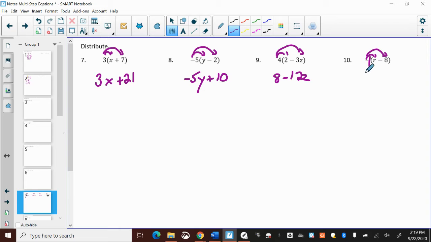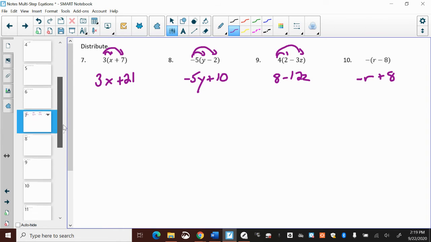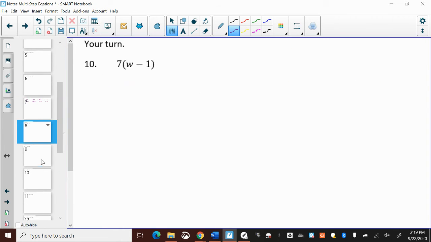Essentially all it does is change the signs. So let me just kind of erase this so we can kind of see what's happening. So basically minus times r is negative r. Minus times negative 8 is a positive 8. Okay, and then we have some slides for you to practice.